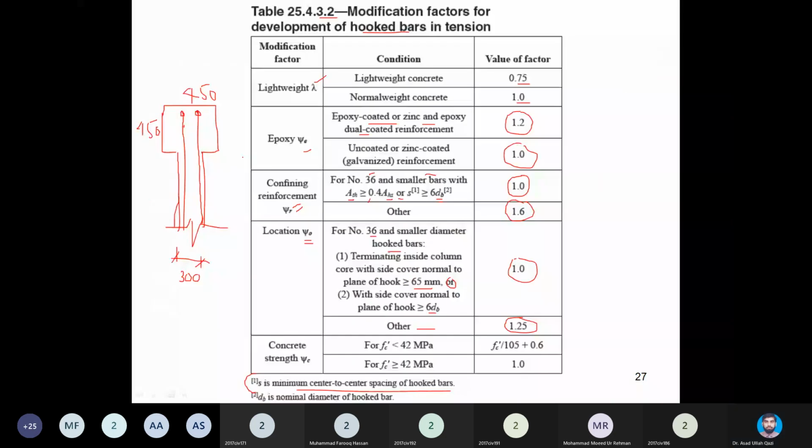Right? So now if mechanically I calculate 450 minus 300 divided by 2, on either side I will get 75 additional cover normal to the plane of the hook, because the plane of the hook is actually along the bar length, and normal to the plane of hook is this dimension.